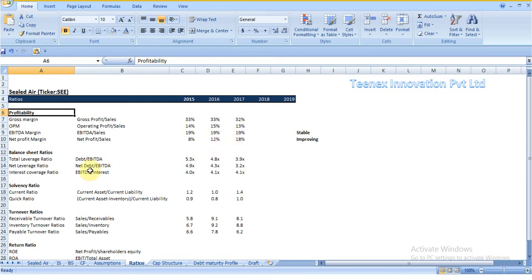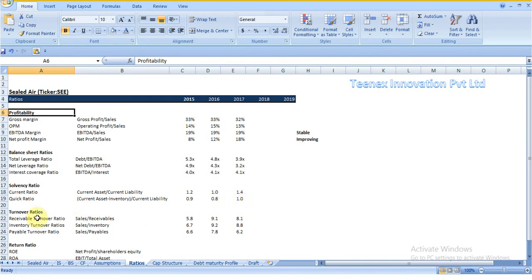On the balance sheet side, all the leverage ratios, especially total debt to EBITDA, net debt to EBITDA, and interest coverage ratio, are showing improvement, which is a good sign for the company. On solvency ratios, the quick ratio and current ratio both look healthy. The current ratio is above 1 and the quick ratio is almost near 1, within the range of 1.8 to 1, which also looks healthy.